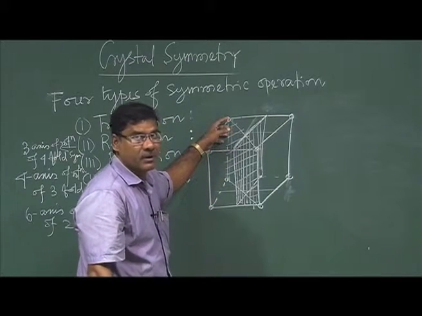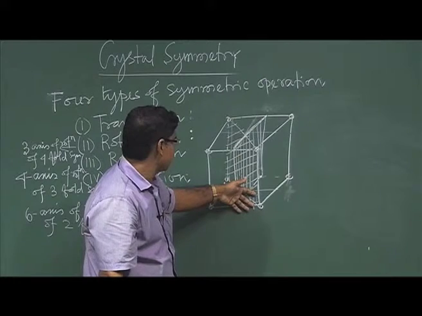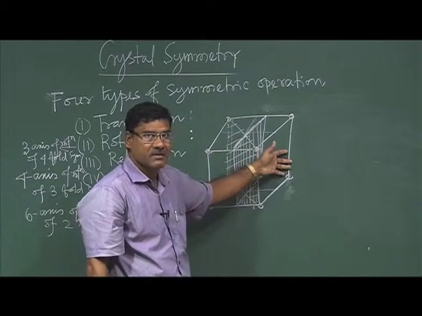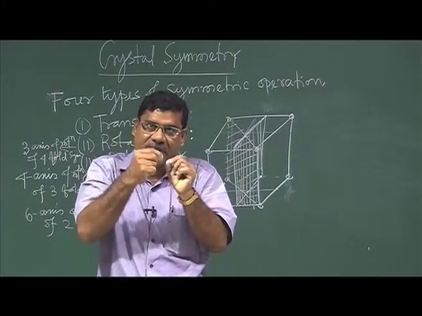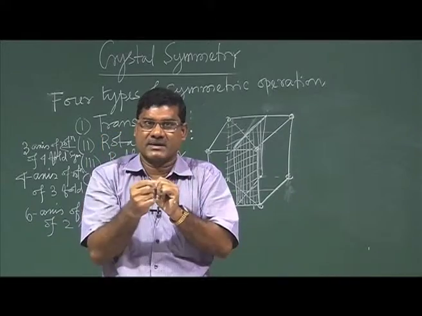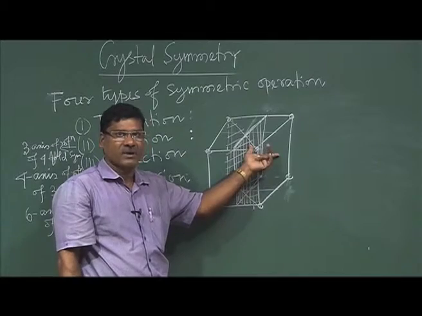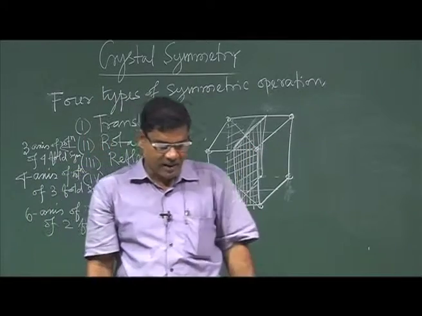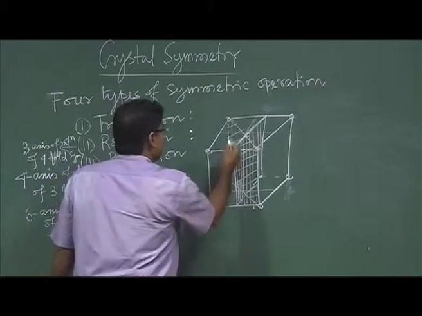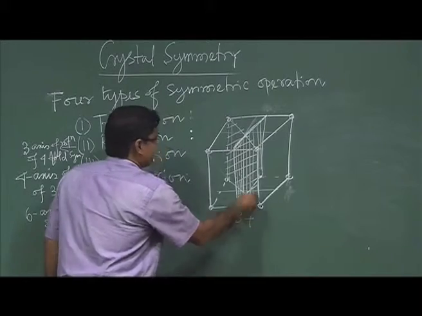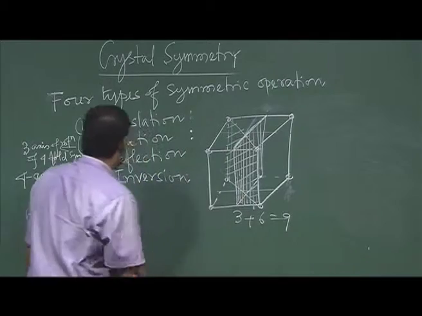It is 4. Basically, from opposite faces you are getting 2. There are 3 sets of parallel faces in a cube, so you will get 6 diagonal planes. Earlier we have seen 3, and for the diagonal planes 6, total 9.